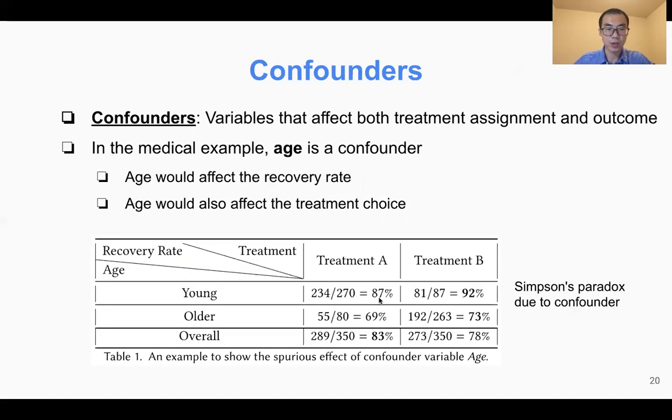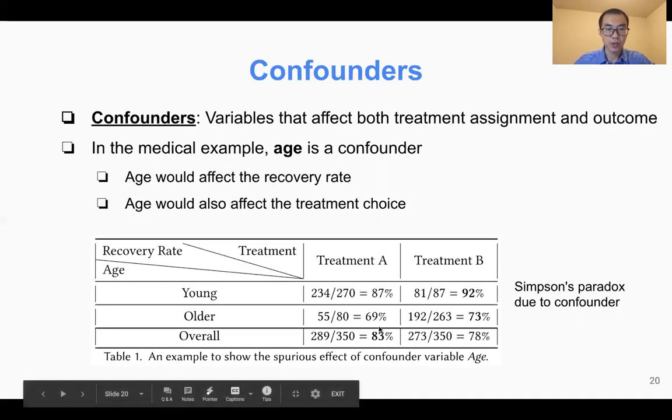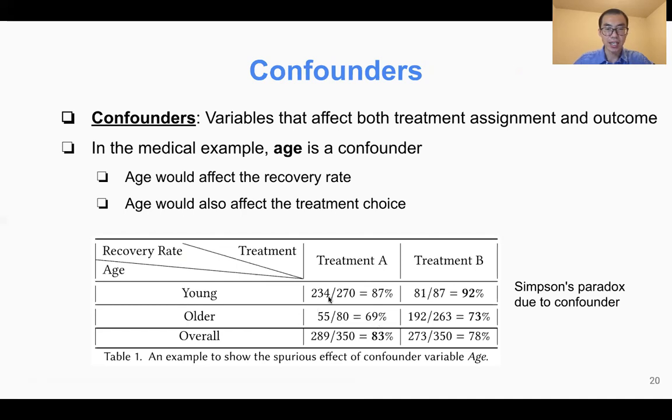Let's look at one table to understand the idea of confounder by using age as one example. In this table, we have different age groups, young and older, and we have two treatments. They could be two different medications, treatment A and treatment B.